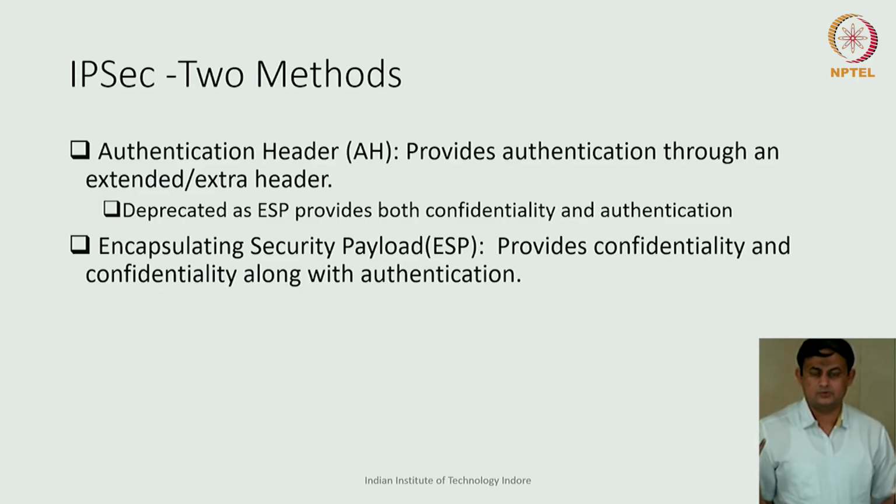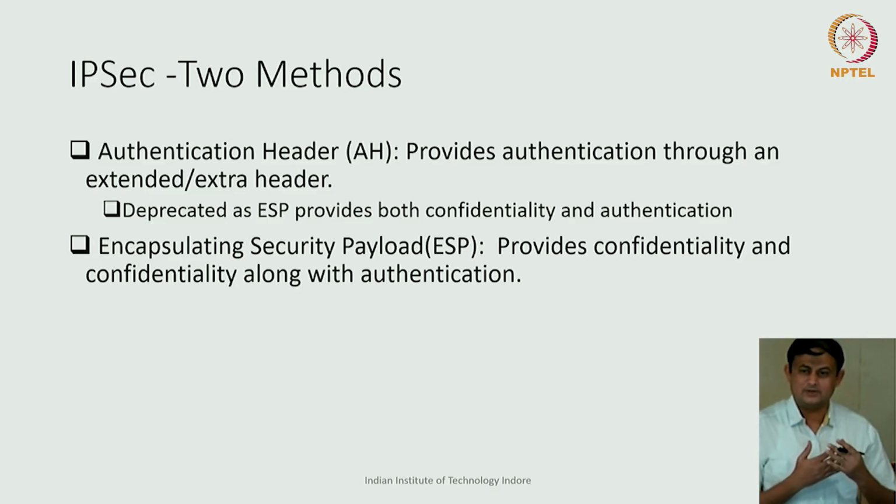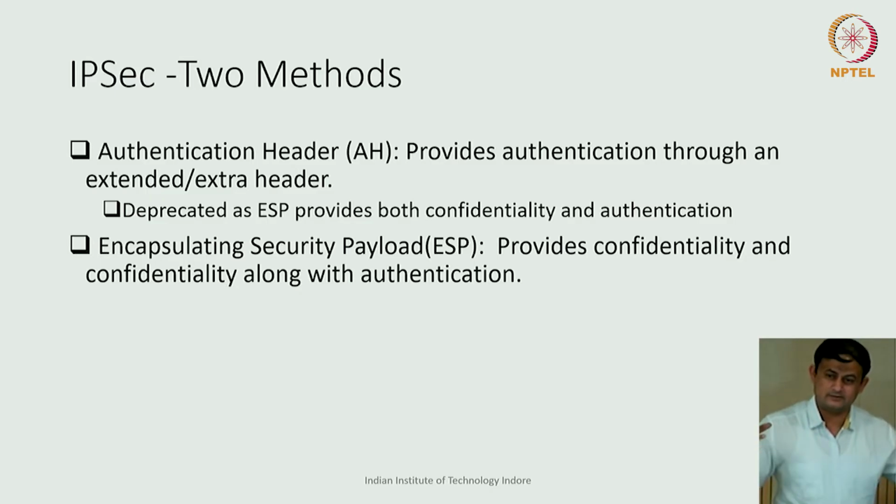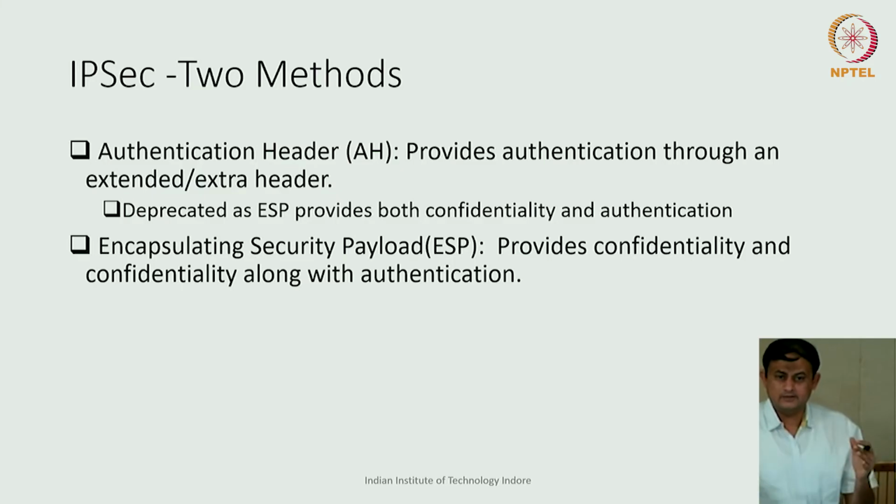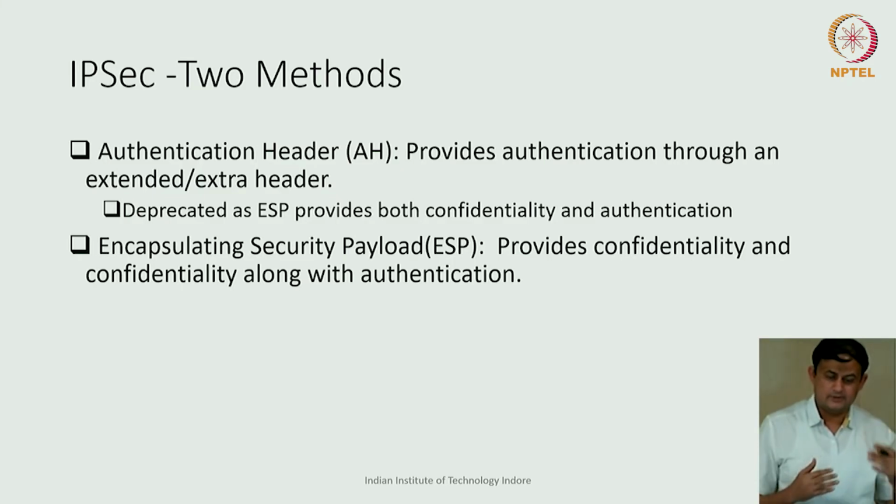I just want to know that the packet I received has come from so and so source, nothing more than that. So whether you want only the authentication or the confidentiality as well is provided with two different methods within the IPSec specification.